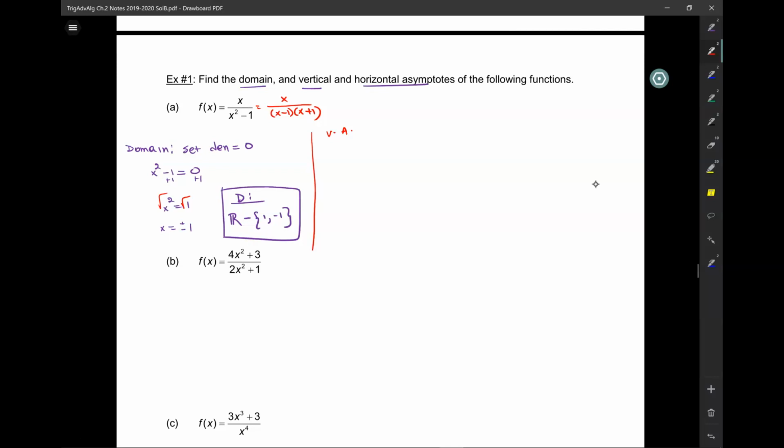So, because nothing cancels, you set x minus 1 equal to 0. You get x equals 1. You set x plus 1 equal to 0. You get x equals negative 1. Okay? So these are the vertical asymptotes: x equals 1, x equals negative 1.